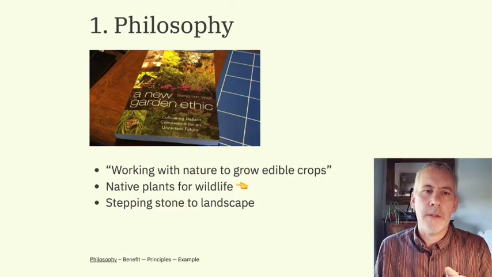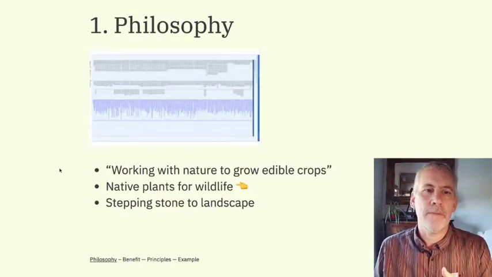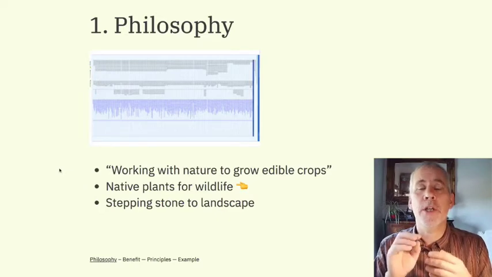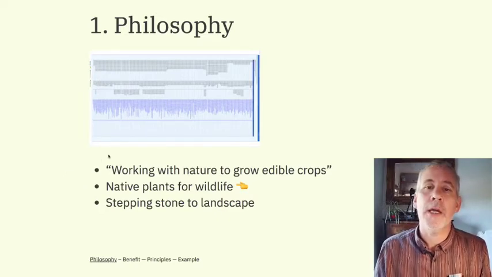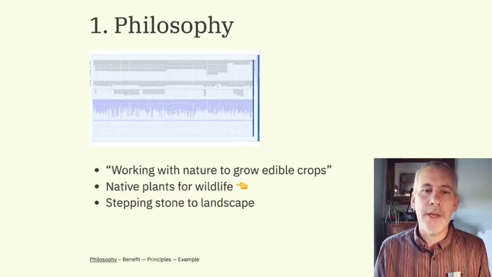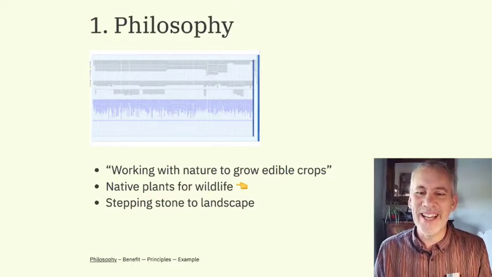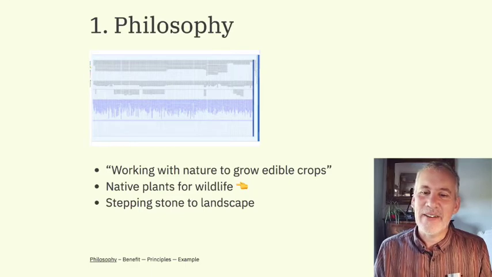So, the other native plants for wildlife, and there's a fantastic website which I have mentioned before, but I will mention again, the database of insects and their food plants.